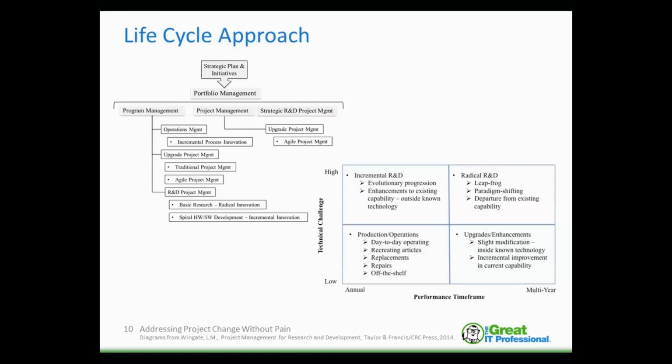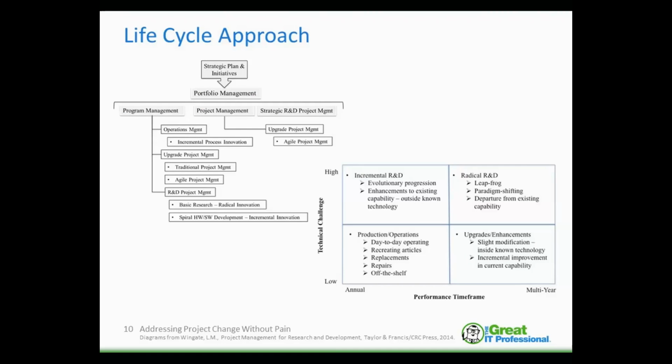The diagram on the left demonstrates a strategic plan and initiatives feeding into a portfolio of activities. And within that portfolio, this particular one, as it's described here, there's a program, a project, some strategic R&D activities.